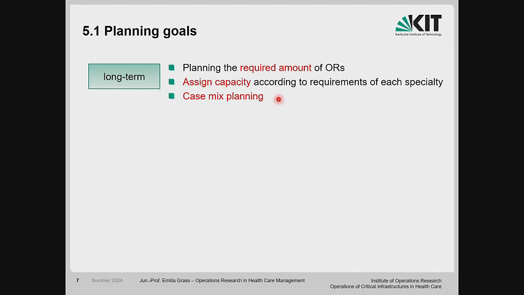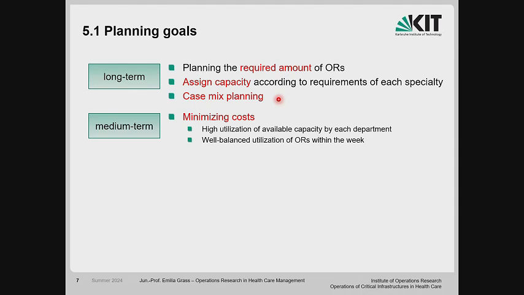If you consider Lauterbach's strategy, you can earn more money if you are a specialized hospital, because he wants to have more specialized hospitals. To count as a specialized hospital, you need a minimum number of particular surgeries per year.